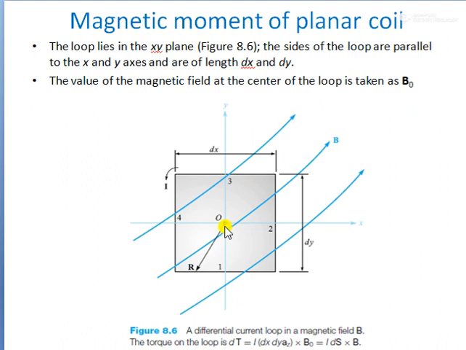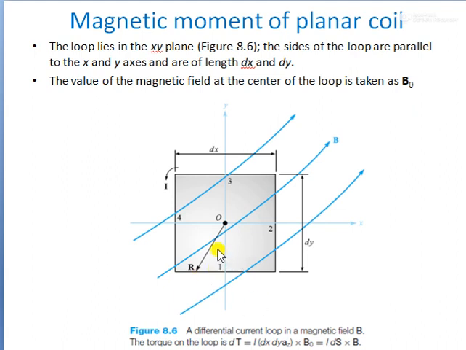As the rectangular loop is differential, with differential lengths dx and dy, the magnetic field will be assumed as B0 everywhere. So the total force on the loop is 0 and the origin for the torque can be selected as the center of the loop.